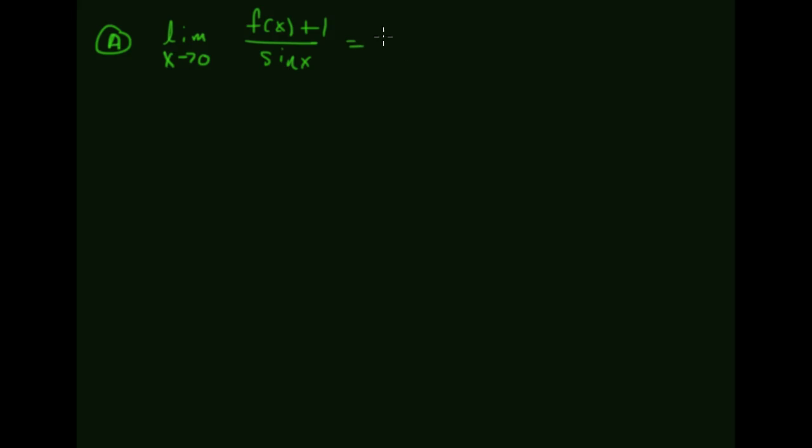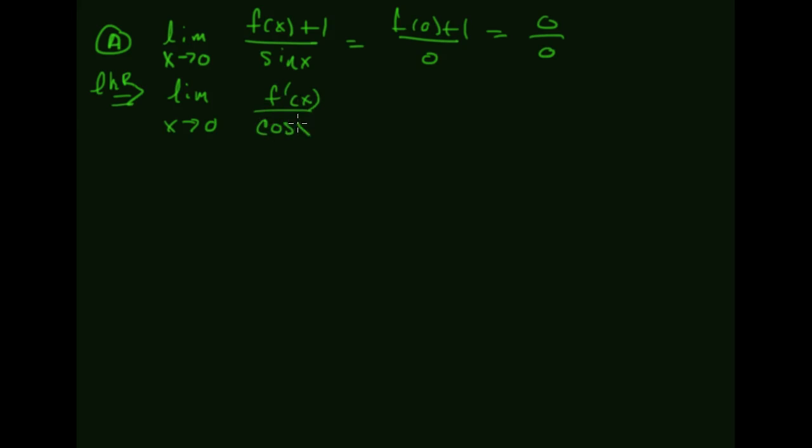When you put the 0 in there, we get f of 0 plus 1 over 0. F of 0, according to the problem, is negative 1, so this is going to give me 0 over 0, which allows me to apply L'Hopital's rule. So as x approaches 0, the derivative of the top is just f prime of x. Derivative of the sine is the cosine.